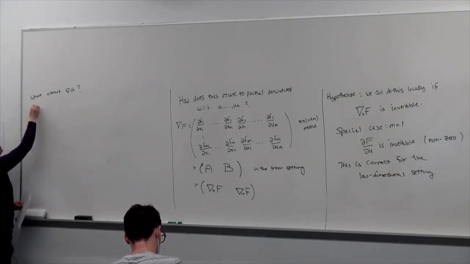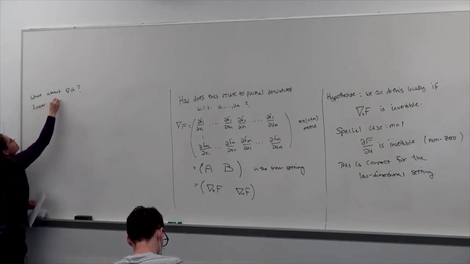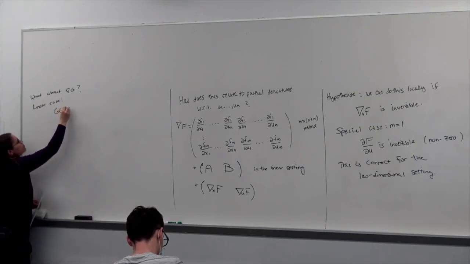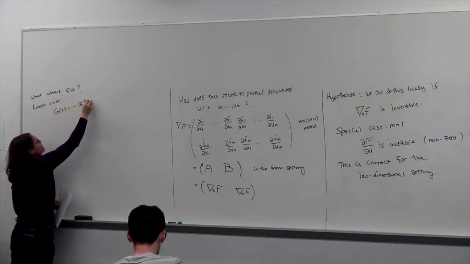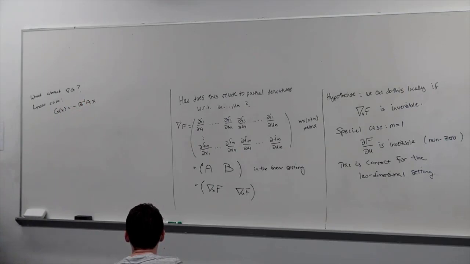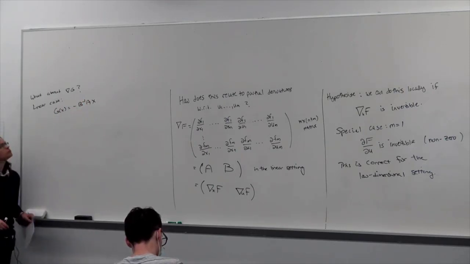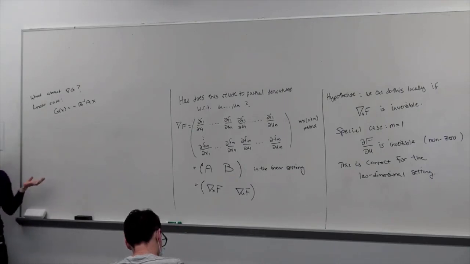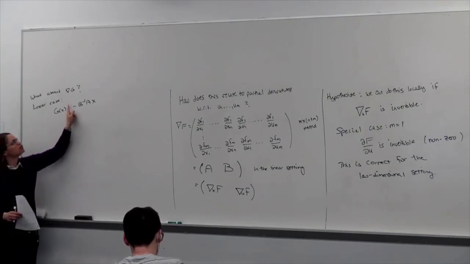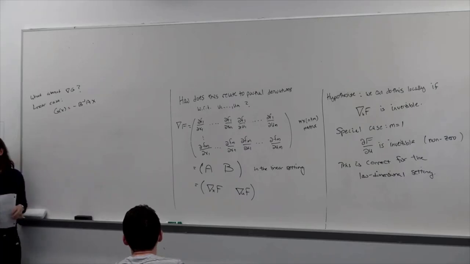Well, in the linear case, where we had that G of x was minus B inverse A x, we can take the Jacobian of it, and the Jacobian is just going to be this coefficient matrix here.